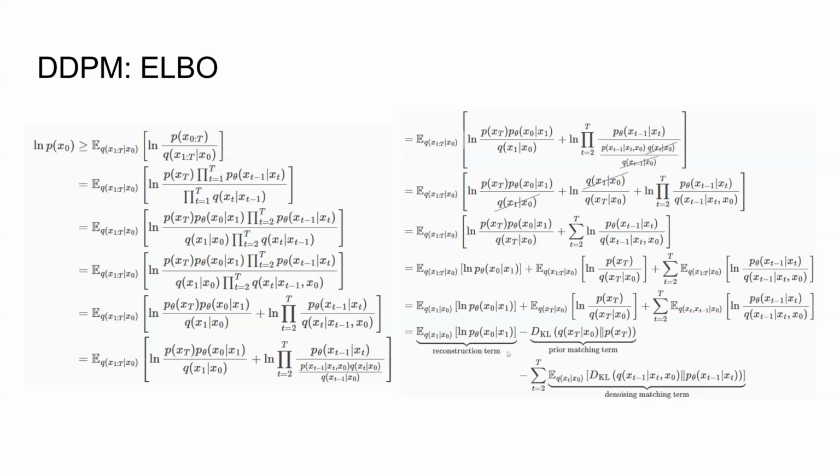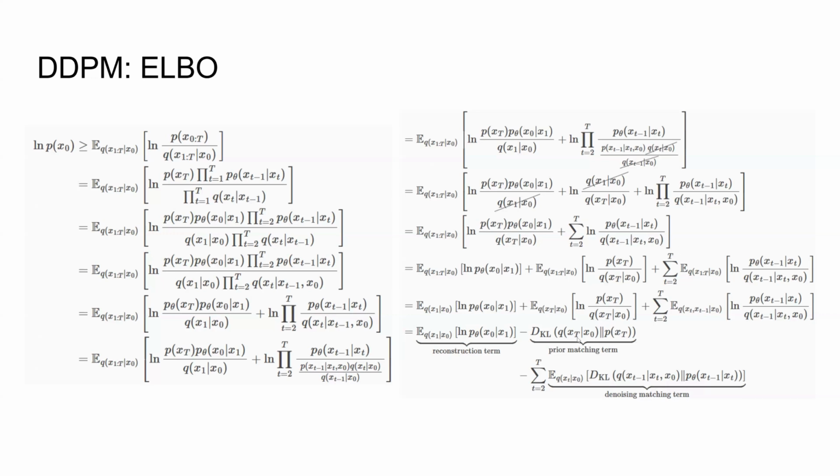First, you get this reconstruction term, which is the expectation under the posterior distribution of the first time step of the log likelihood of the last reverse process. Second is the prior matching term. You get the KL divergence between the posterior of the last step in the forward process, which is the pure Gaussian noise given your input data, with the actual distribution of the random Gaussian noise.